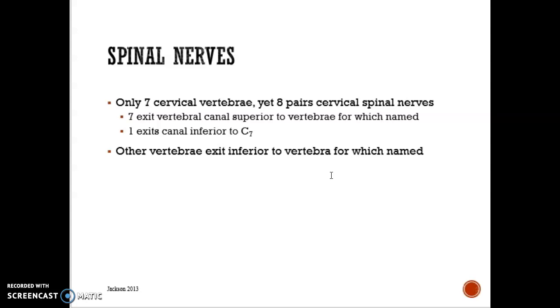The rest of them are all named for the vertebrae which they go inferior to. So if you look at it this way, every single one of our spinal nerves is named for the vertebrae that's above it, except for the very first set.